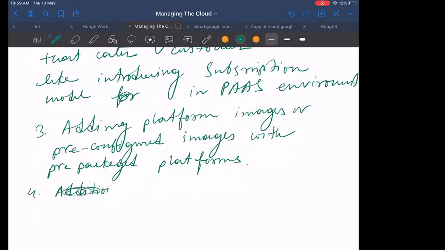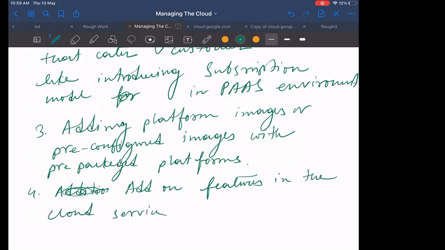Add-on features in the cloud service to broaden the product selection offered.